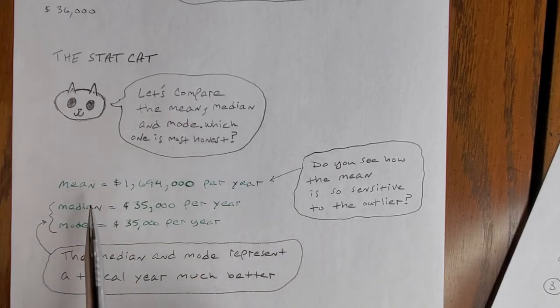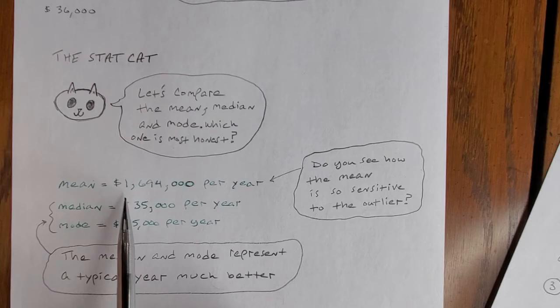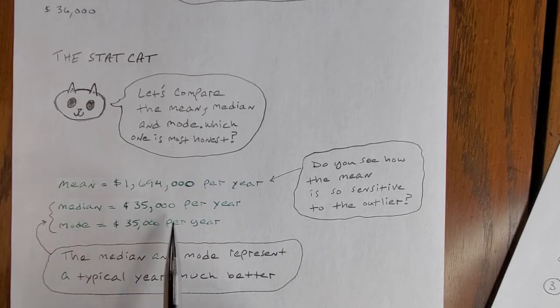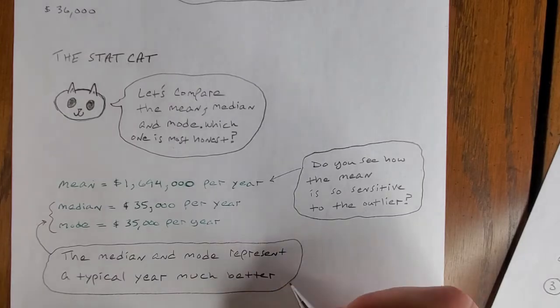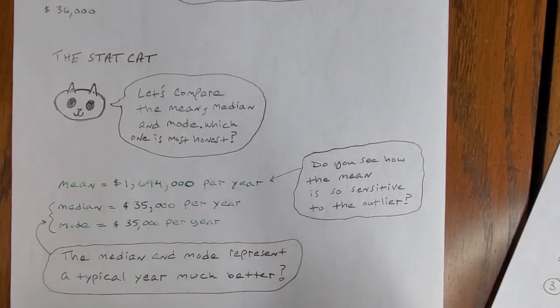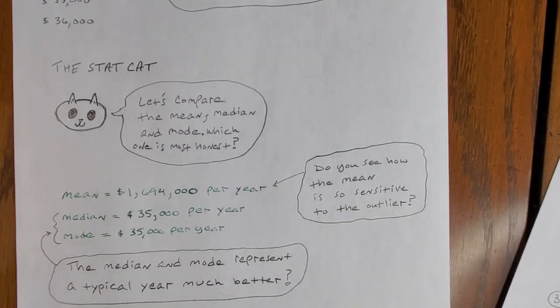Should you say, well, John's mean salary is $1,694,000 per year? Should I say, well, John's median salary was $35,000 per year, or John's mode salary was $35,000 per year? Which one do you think would represent a typical year better? Because that's generally what we want to do, right?